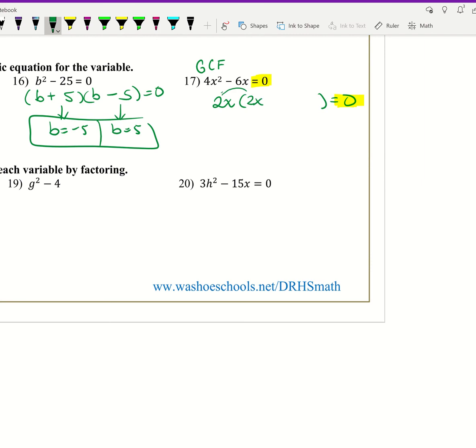And 2x times -3 would give you just -6x. Each one of these factors will give you a solution. I need the outside factor to equal 0, which would make x equal 0. And this 2x minus 3 also needs to equal 0. If you solve this, add 3 and divide by 2, x is 3/2.